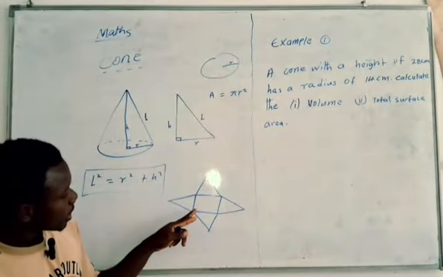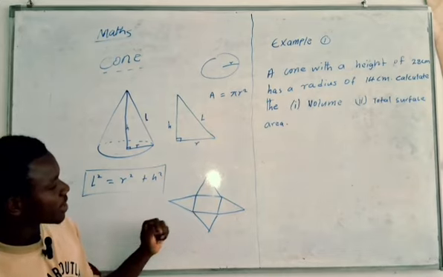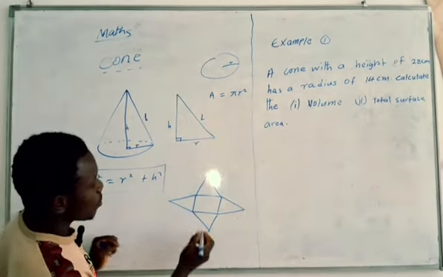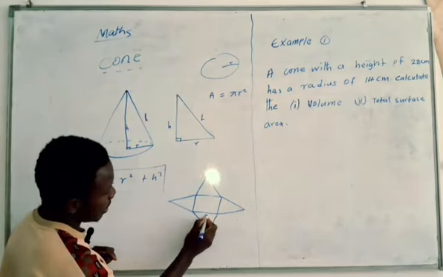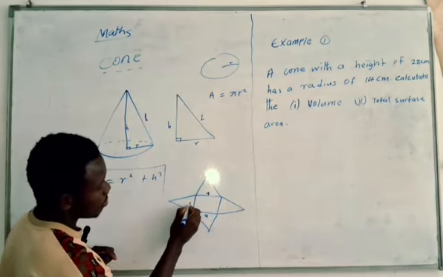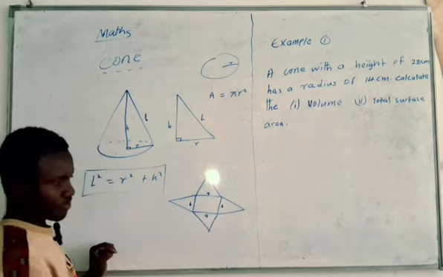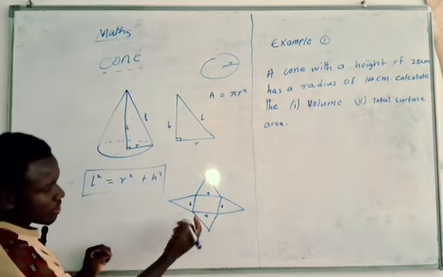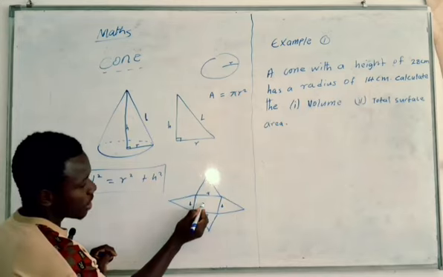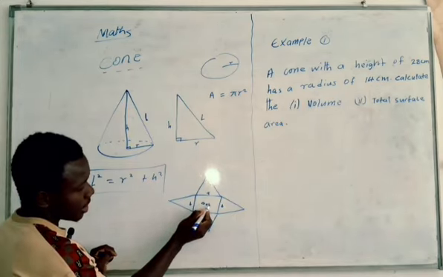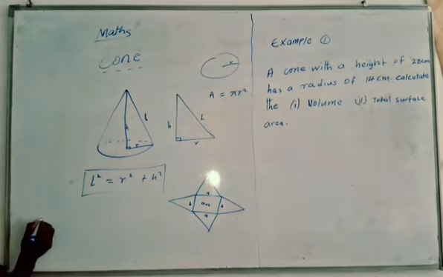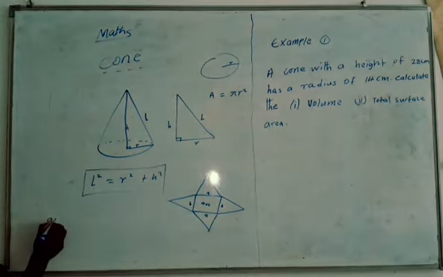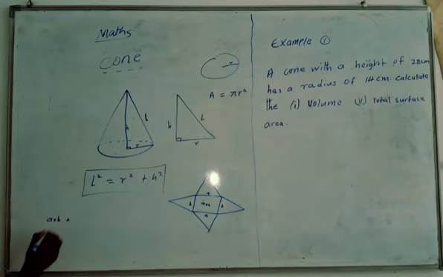Here, we are asked to find the area of this. First, we know we have a rectangle in between. Let's say here is A, here will be A, here will be B, here will be B. To find the area of the rectangle in the middle is A times B, since it's a rectangle. So area of the rectangle is A times B plus.